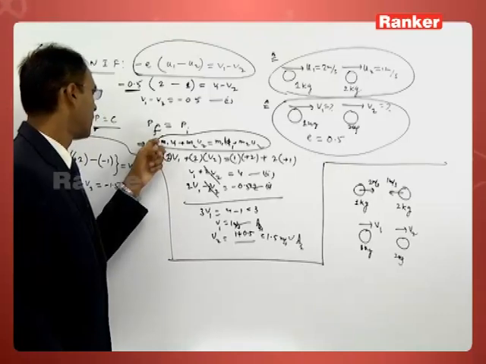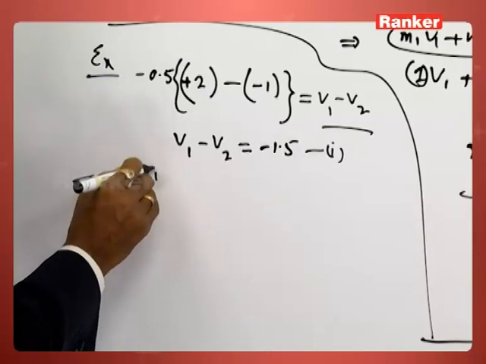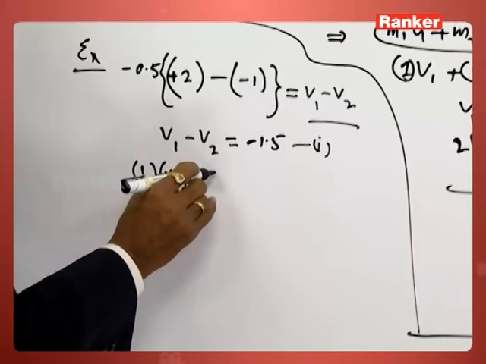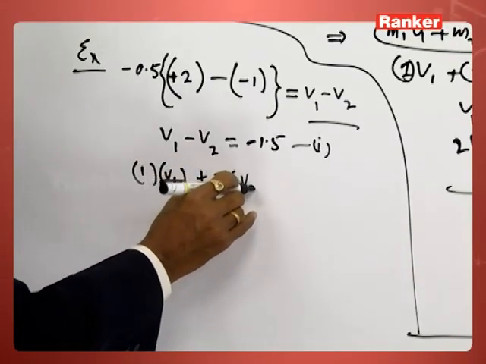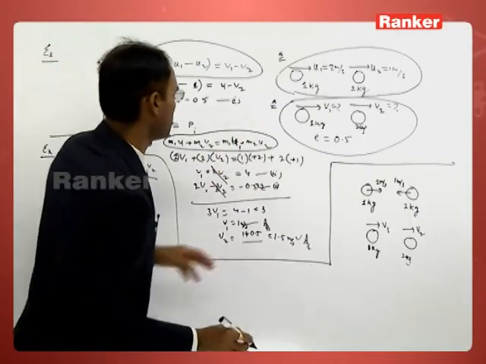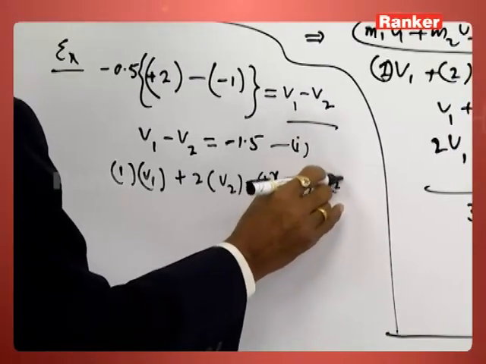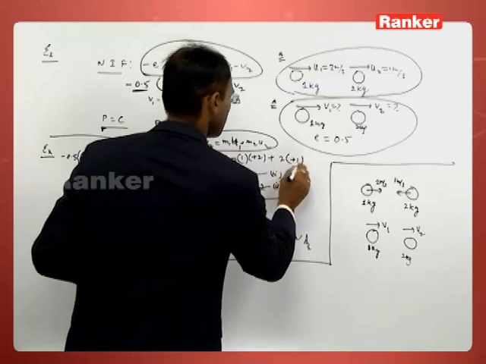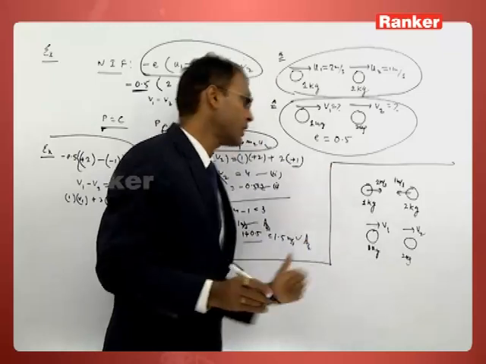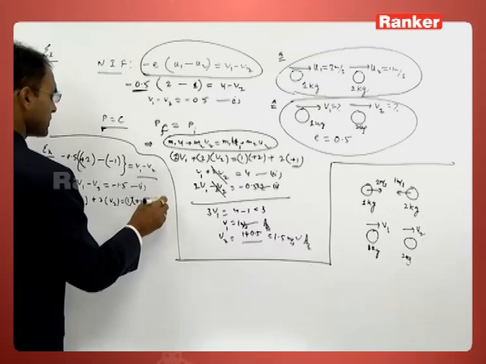Next, apply the conservation of linear momentum. m1 is 1, v1 is plus v1, m2 is 2, v2 is plus v2, m1 is 1 and u1 is plus 2, m2 is 2. Here there is a change. Instead of plus 1, you should write minus 1 because the second object is moving towards negative x direction.